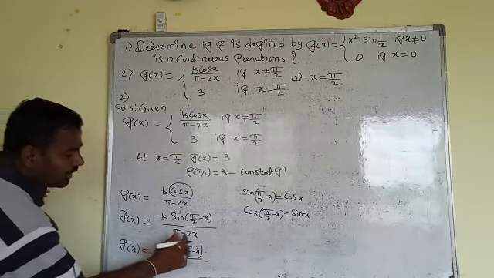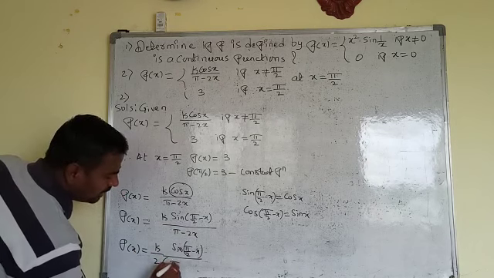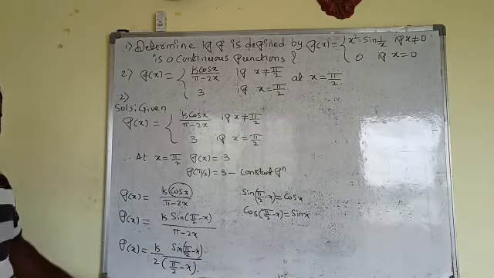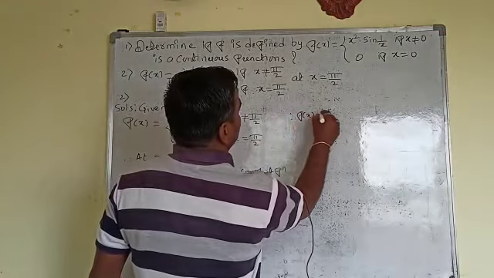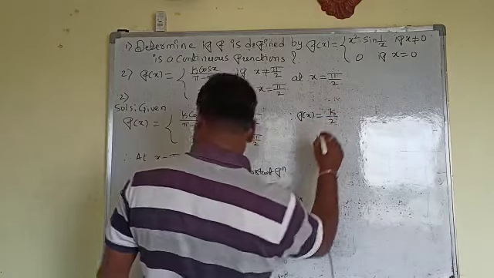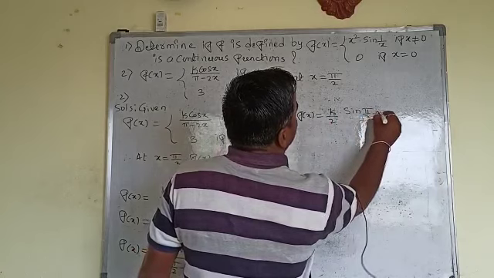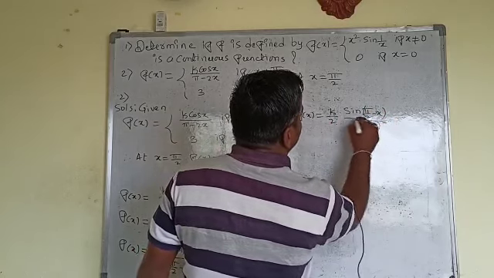In the denominator part, take 2 common outside. What is the remaining? Pi by 2 minus x. Right? Look at this one. So I shall write here f of x is equal to k by 2 sine of pi by 2 minus x divided by pi by 2 minus x.